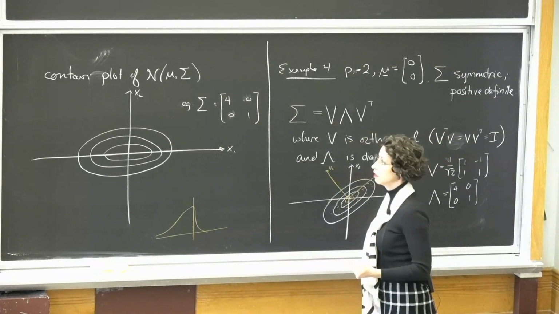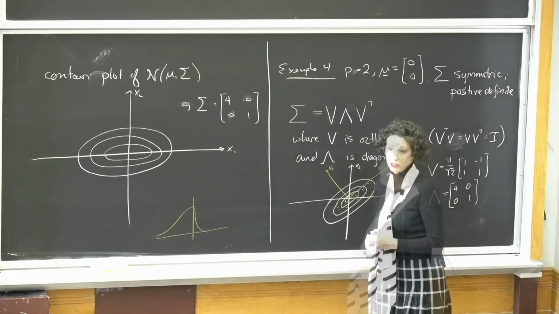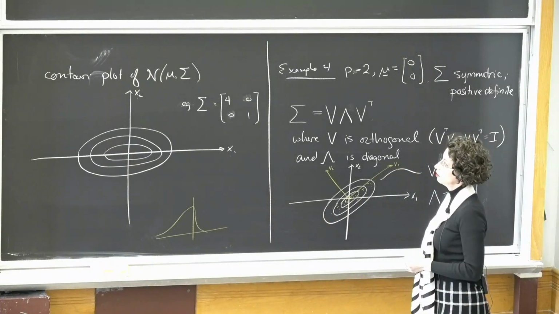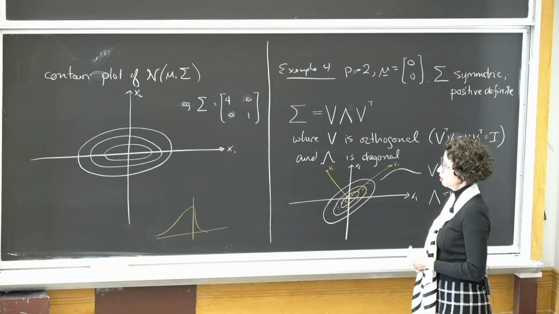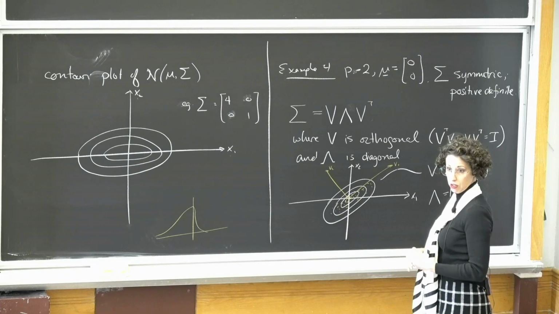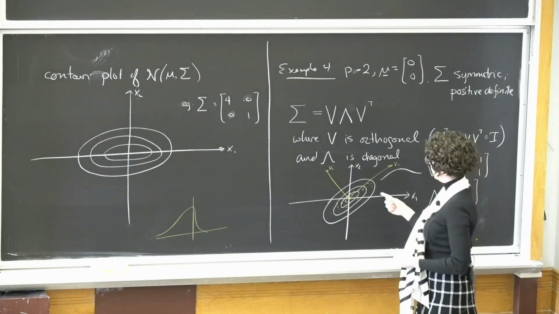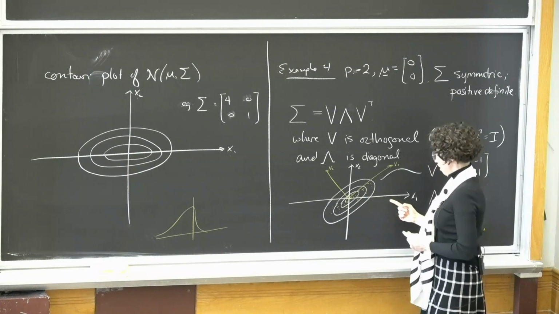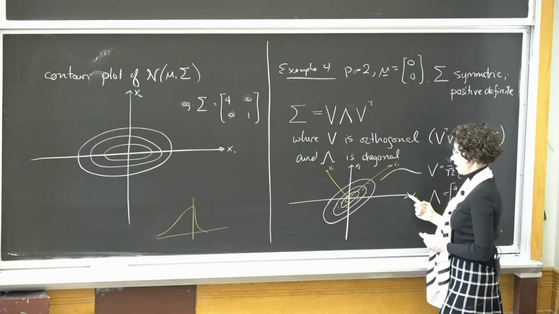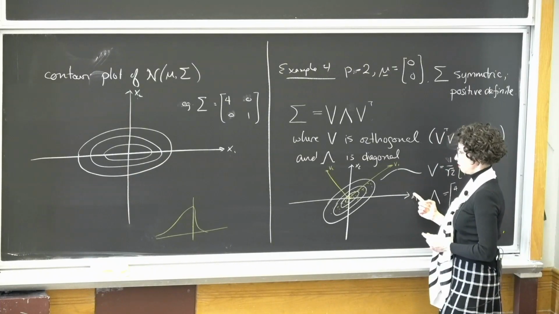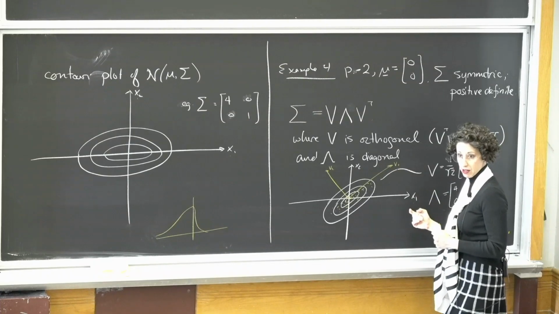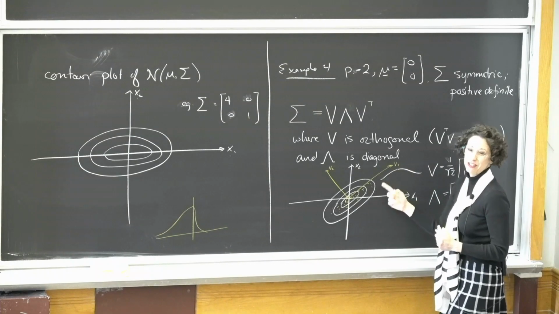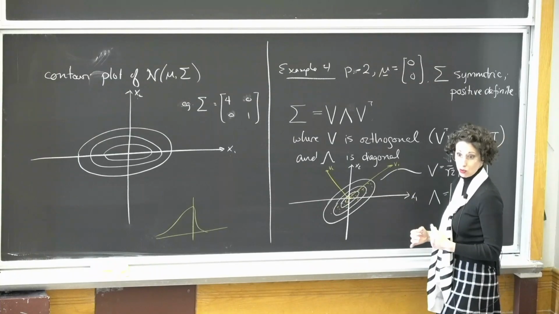Yes? When we're talking about a covariance, are we talking about the covariance between the features or between the samples? We're talking about the covariance between the features. So in this example, what this is telling me is that if I were to observe a vector x1, and I tell you x1 is really big, then you know that x2 is more likely to be really big as well.